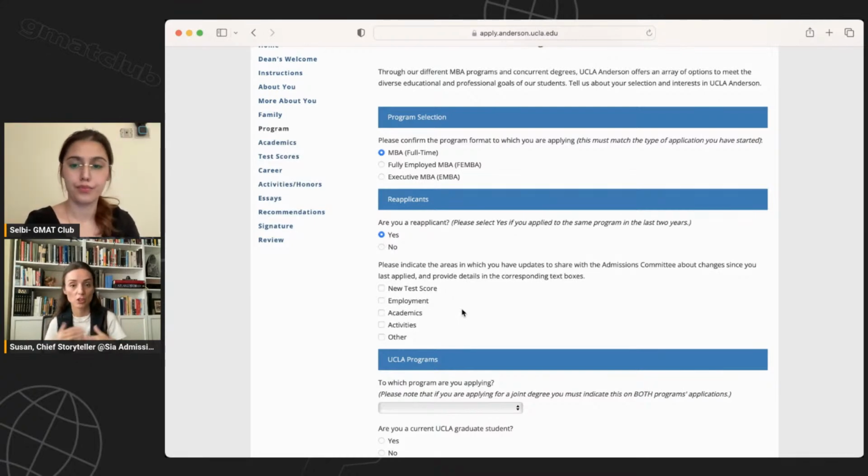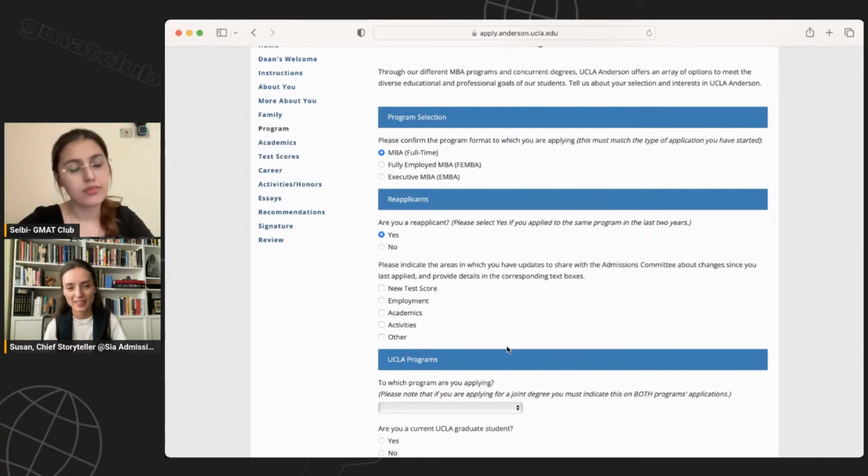Sometimes one has had family emergencies or something that impeded them from being as engaged. You would tick the other box and provide a little bit more context to that experience. You really do want to showcase a bit of a change since you last applied. Otherwise, it's really difficult to have a different outcome the second time around.